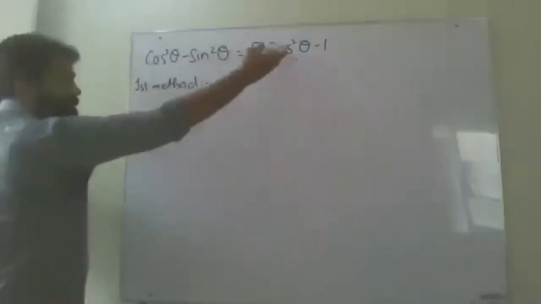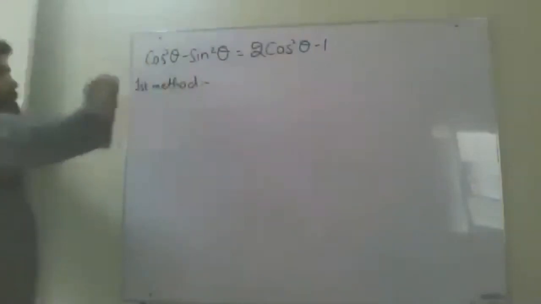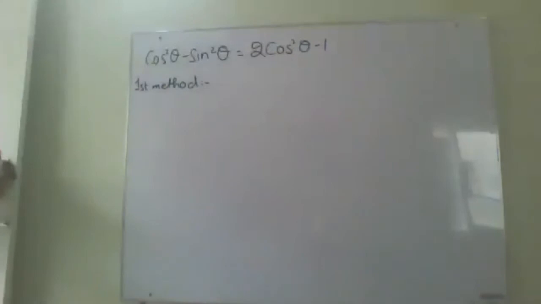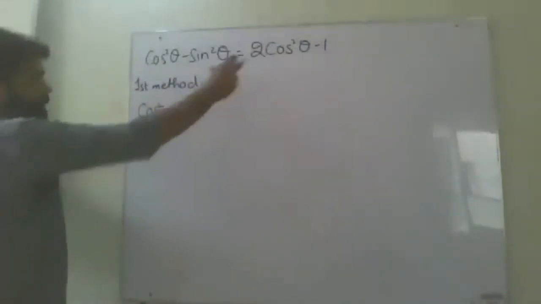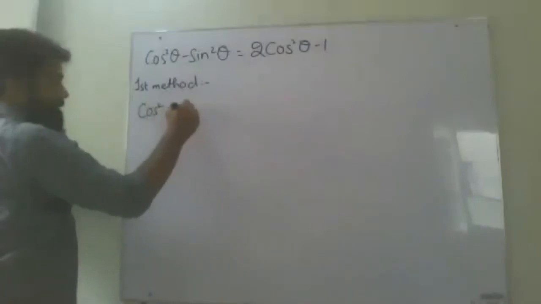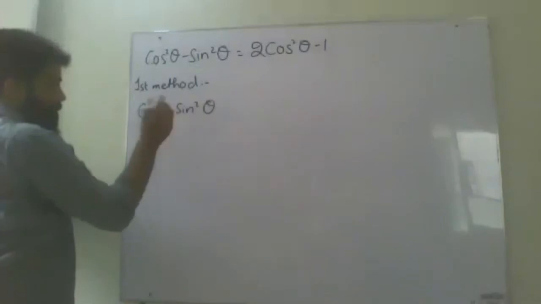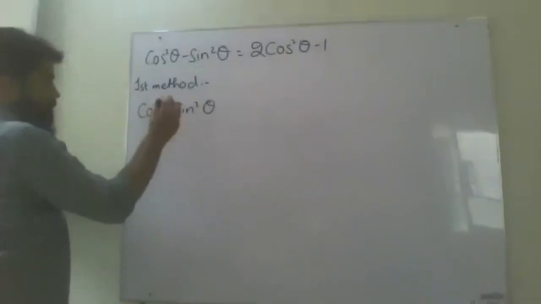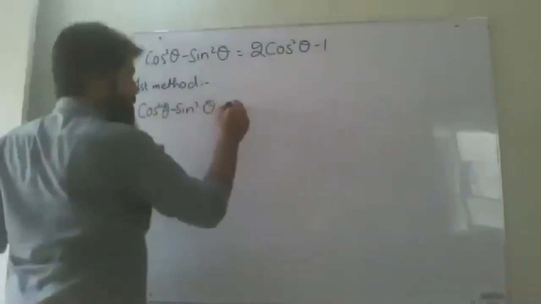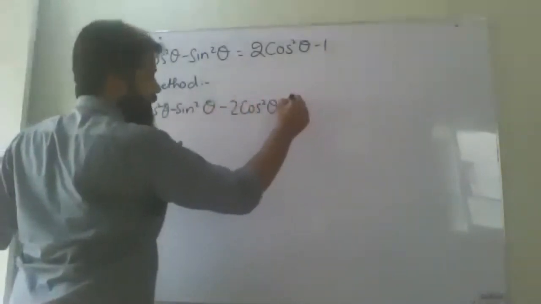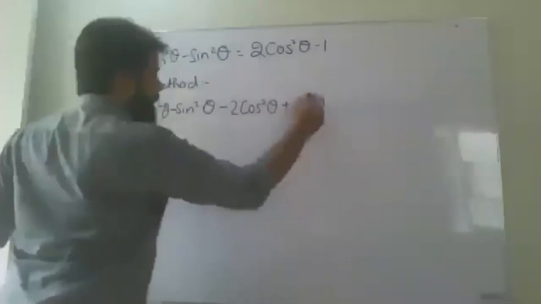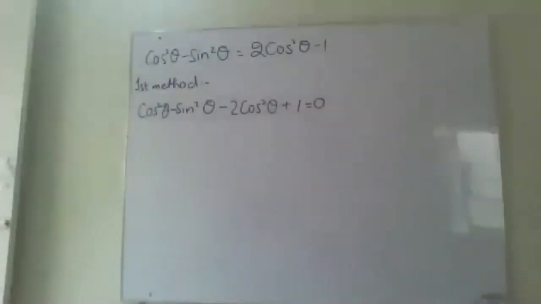First of all, I'm shifting whatever is written on the right to the left. So what will it become? This will become cos square theta minus sine square theta minus 2 cos square theta plus 1 equals 0.